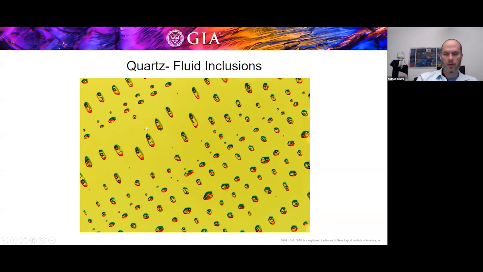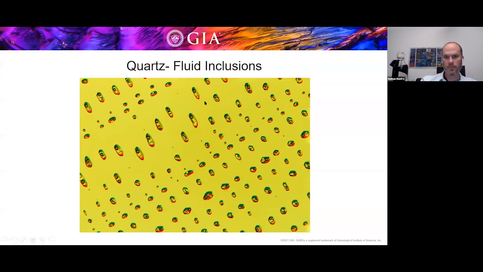When you have all these fluid inclusions side by side, and you see this exact same ratio of solid, liquid, and gas, that gives you a clue that the only way for this to have been incorporated in this fashion was for the liquid to have been homogeneous at the time that it was trapped inside the quartz.